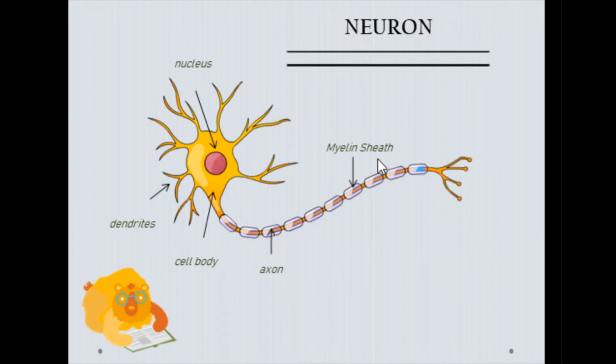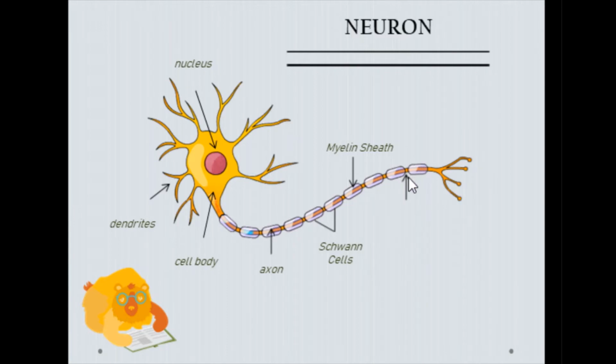Doing great, guys. Next one. The next part is the one that covers or shields the axon. It's called the Schwann cells. Alright, we're down to the second to the last part.